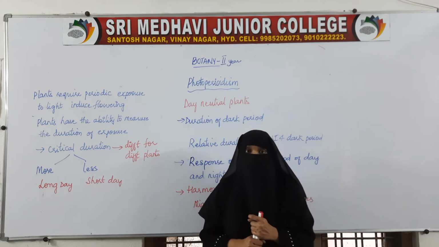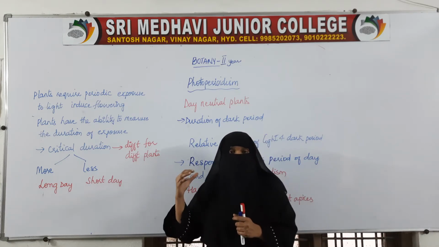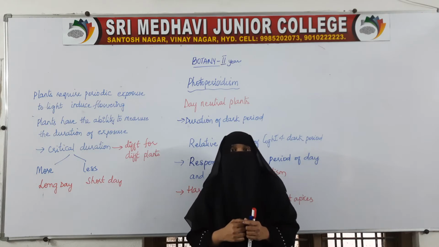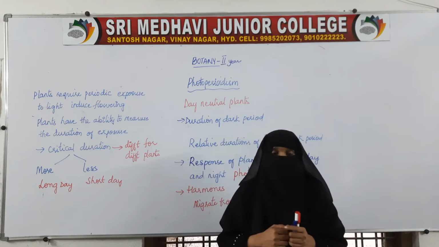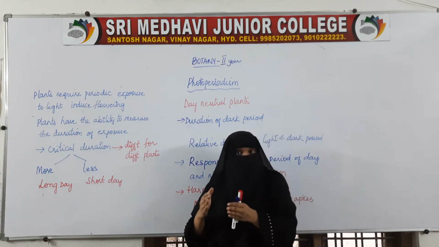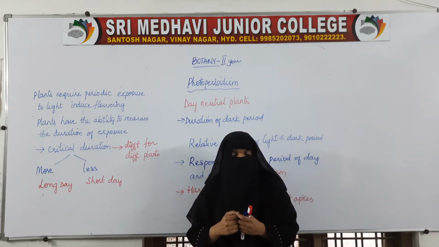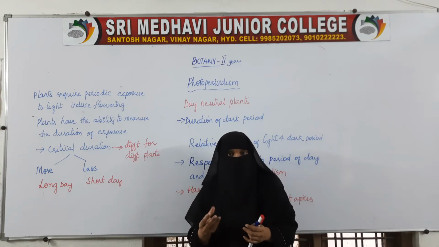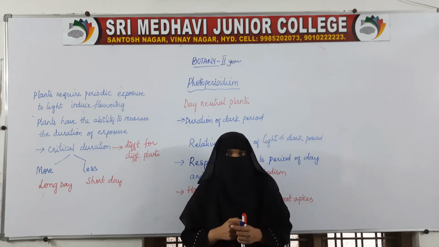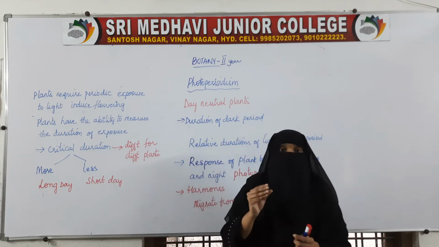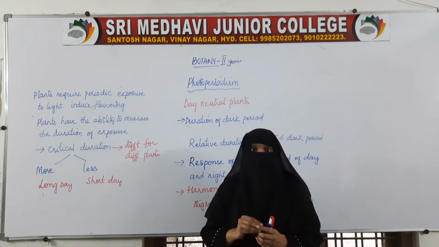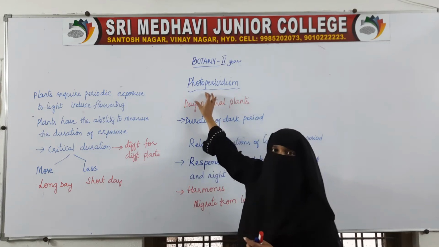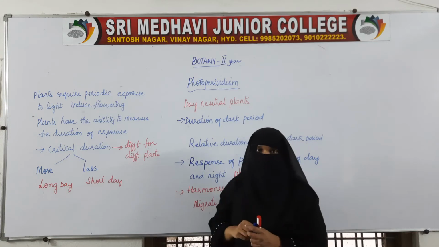apart from photosynthesis, this light is very essential for inducing flowering, because when the plants grow they produce flowers. With the help of the flowers, fruits will be formed and seeds will be formed. So for flowering of the plants, the duration of light is very essential.